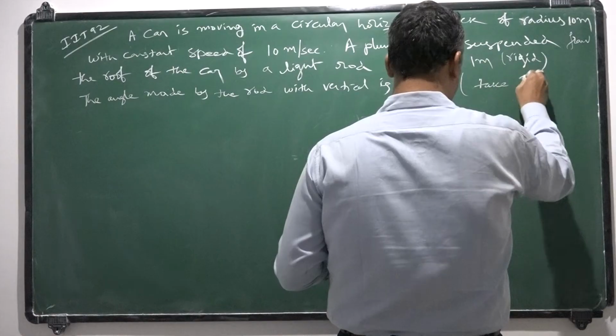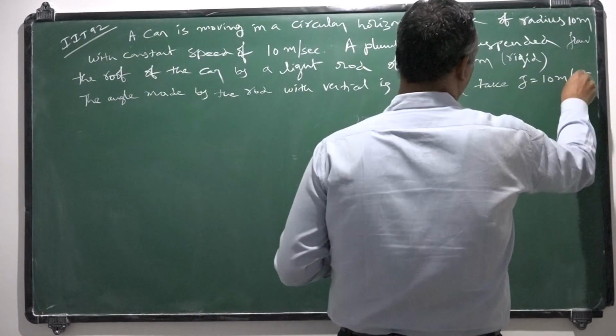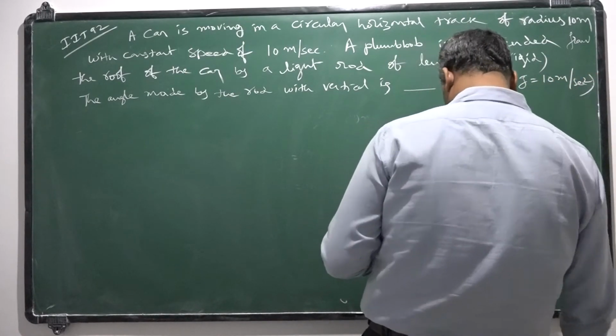Take g is equal to 10 meters per second square. This is the question.